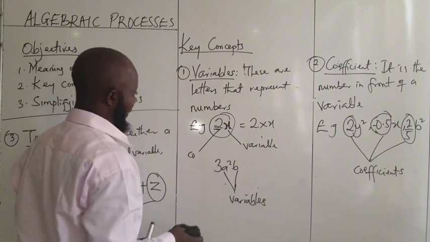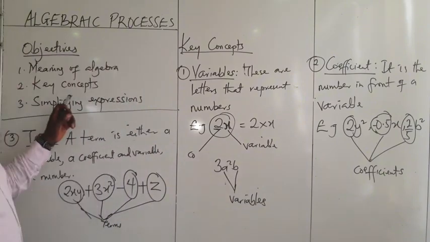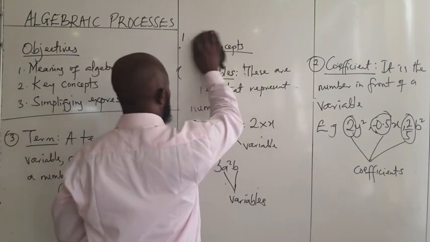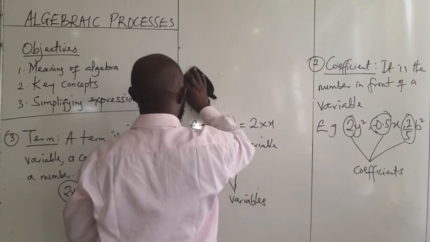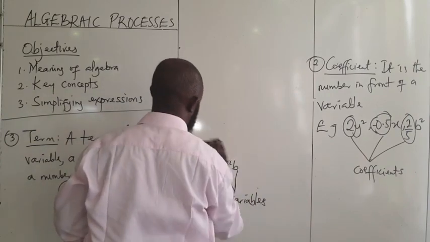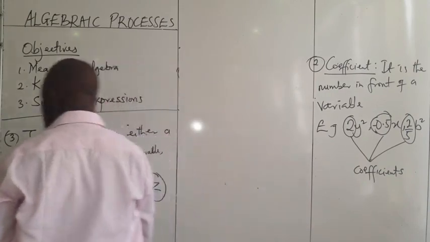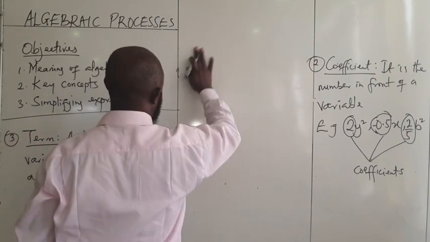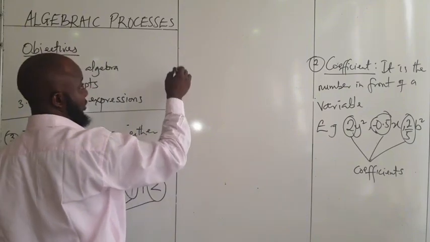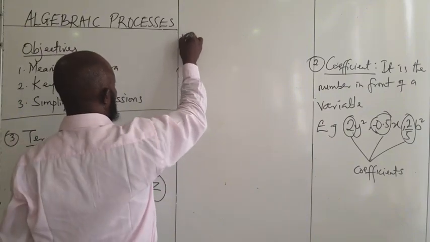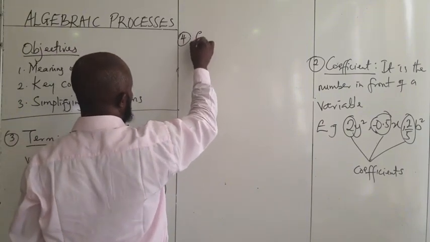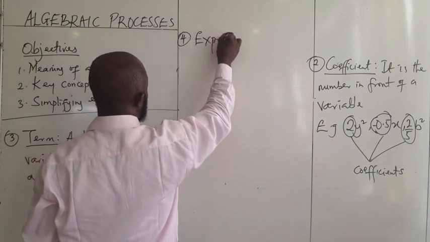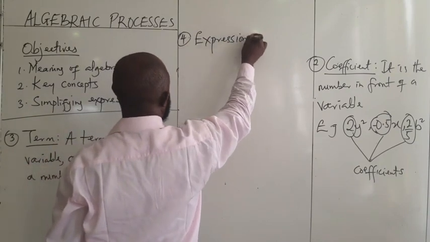Then the last one that I want to share with you under the key concepts is what we call expressions. Expressions, not English expression. We're talking about mathematical expression, which is referred to as algebraic expression, but in short form we call it expression.